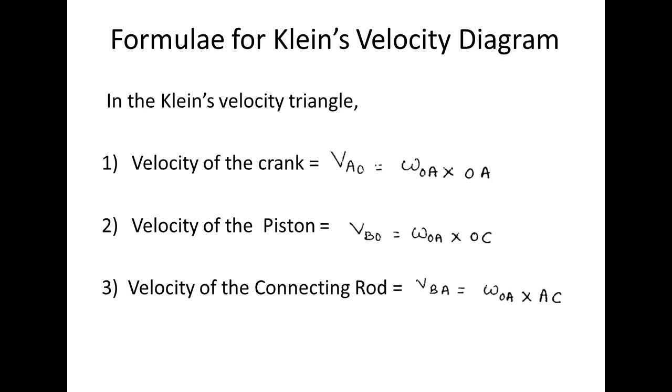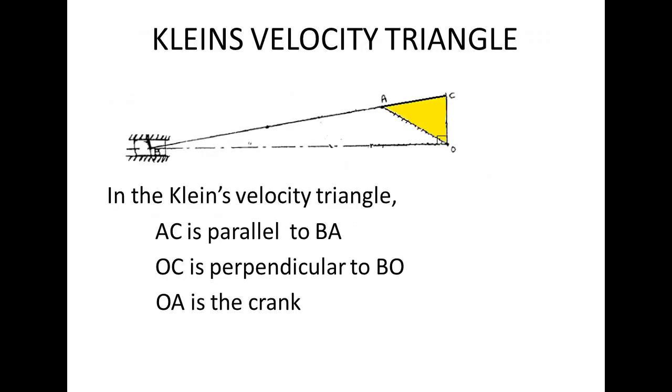The next step is finding the velocity of the piston or the slider. The velocity of the piston is VBO, because it slides along BO. VBO is equal to omega OA multiplied by OC. Here omega OA is the angular velocity of the crank, multiplied by OC, the perpendicular line we have drawn.